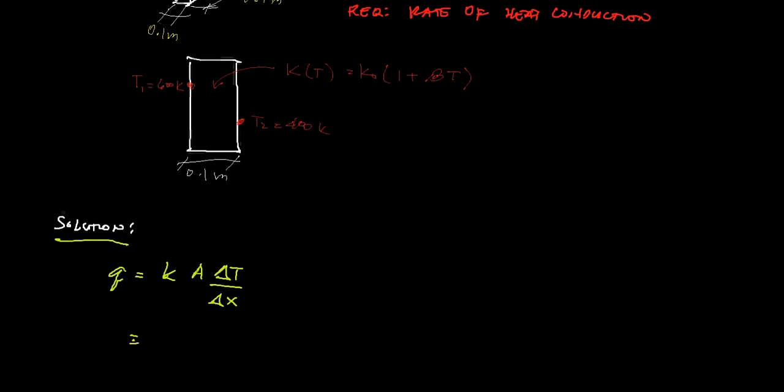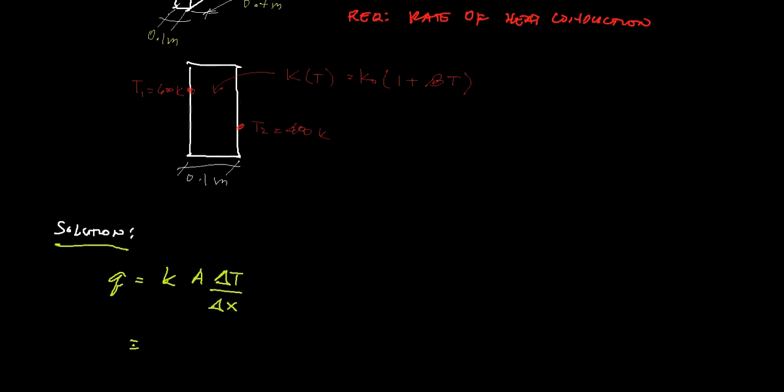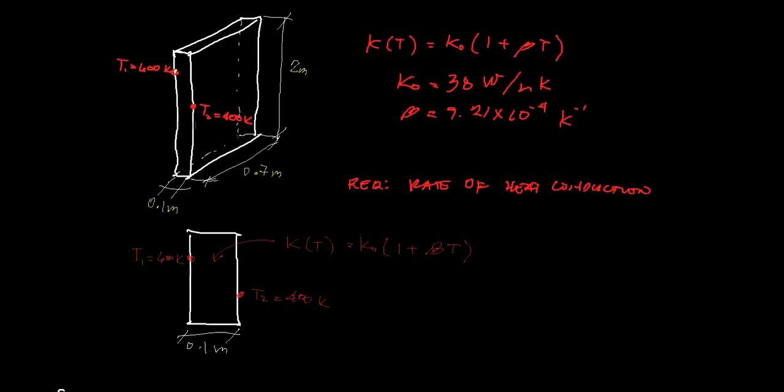Based from our problem, we have a given area of 2 by 0.7 meter. So this is our area, and as we imagine, the heat flows from this direction going to this direction. So we have a Q.